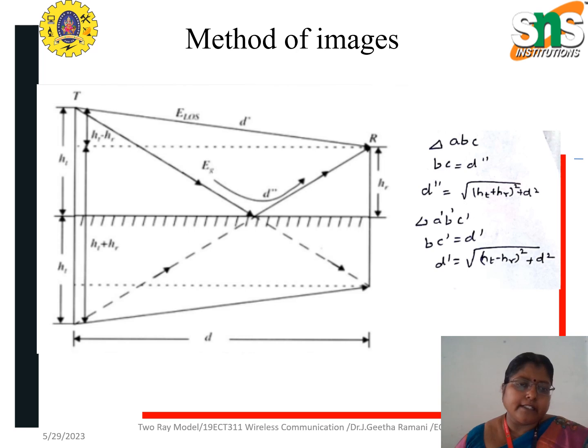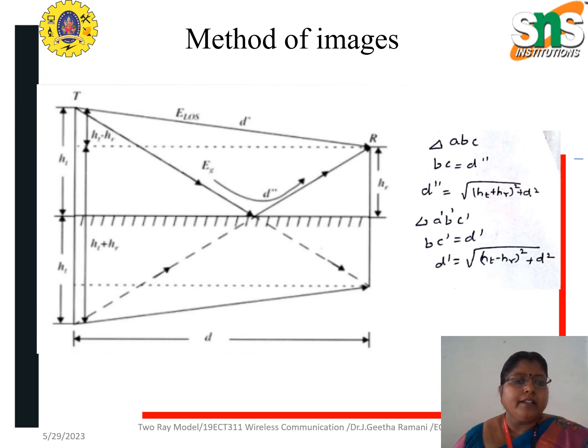So we extend the transmitter which is at the height of HT from the ground plane to the bottom and the receiver in the same way. And again we connect them by means of a line of sight path, and now we extend the same line below the ground from the receiver to the transmitter line by means of the same dashed line.